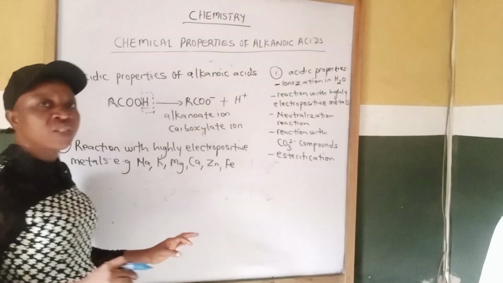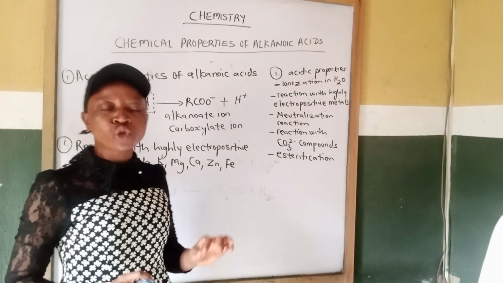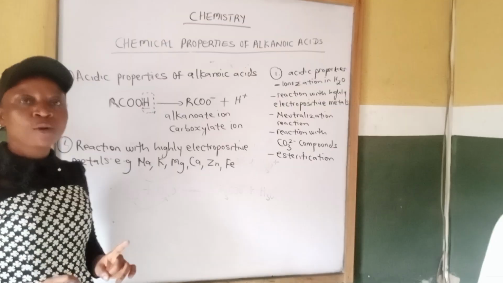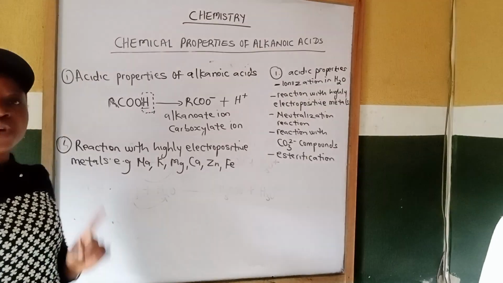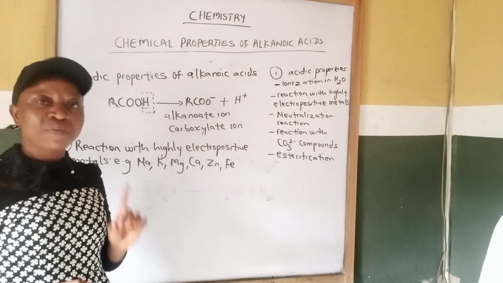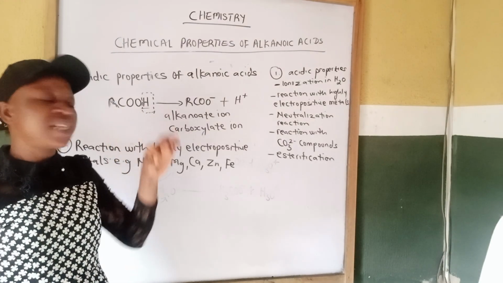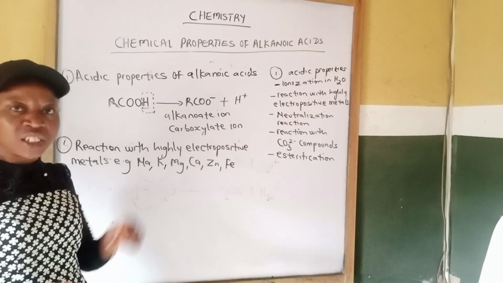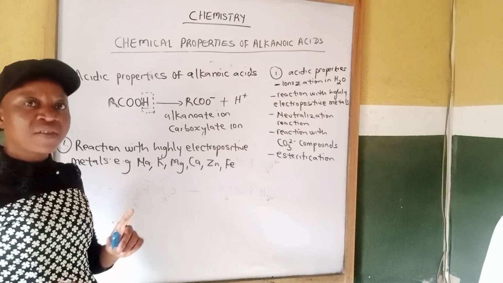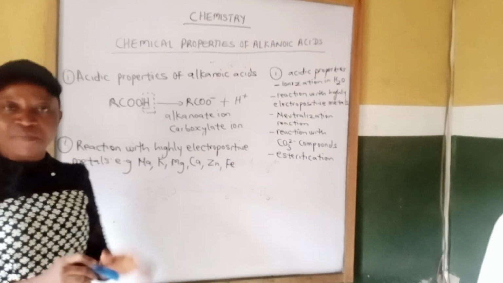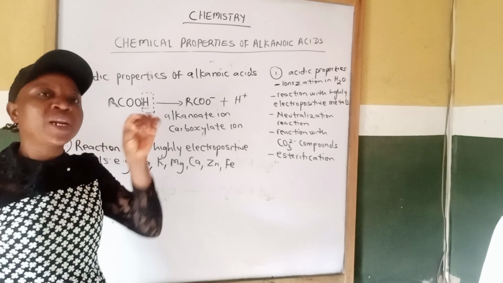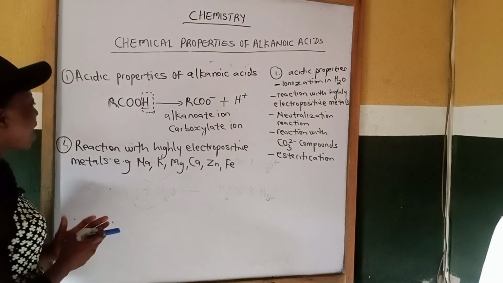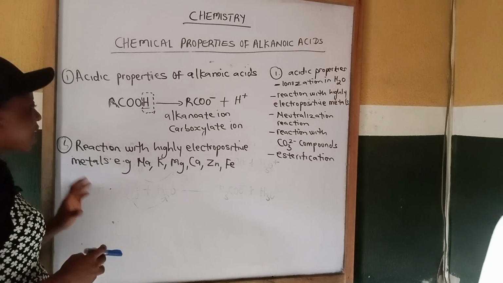This chemical reaction is similar to the reaction between mineral acid and metal. Don't forget that when a mineral acid reacts with any metal, the metal will displace hydrogen from the acid and occupy the position of that hydrogen.